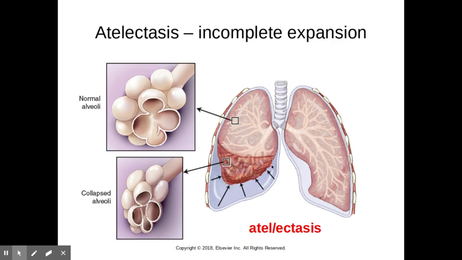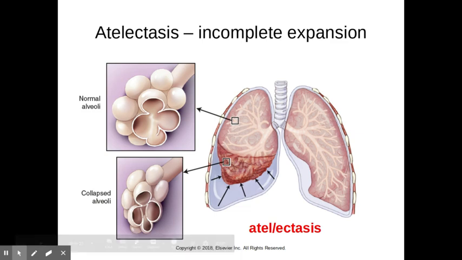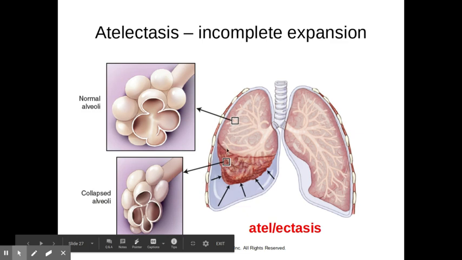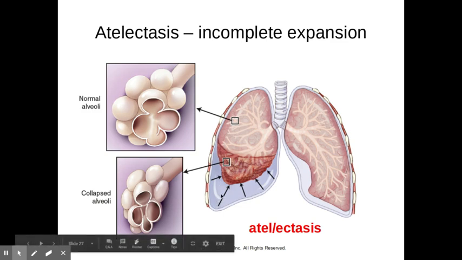Atelectasis, incomplete or imperfect expansion of the lung, right? So the alveoli is collapsed or damaged. The lung is not expanding. Okay. With normal breathing, the lungs inside this lining will expand and also shrink.